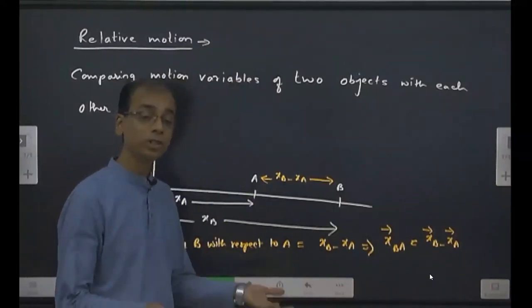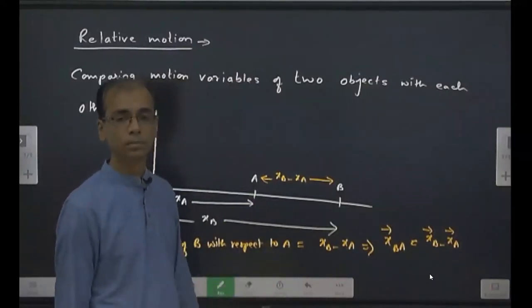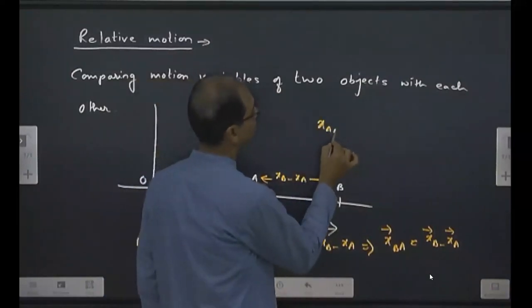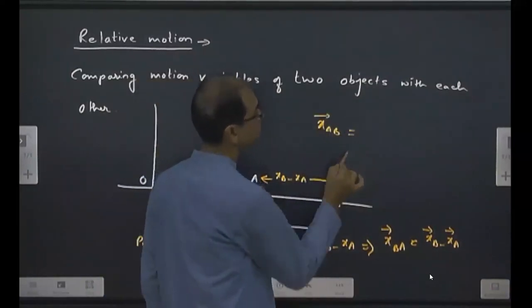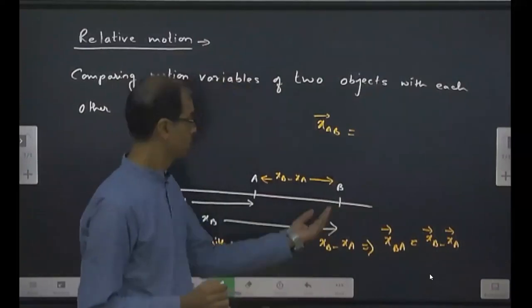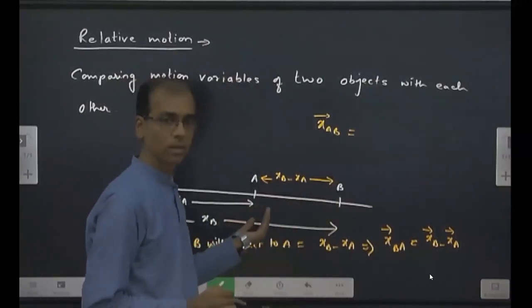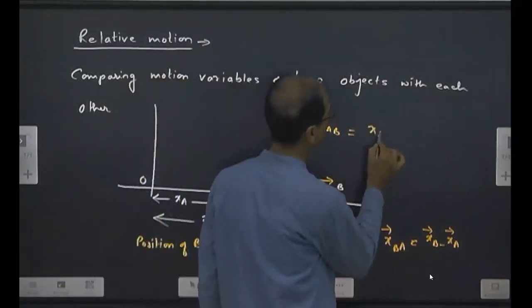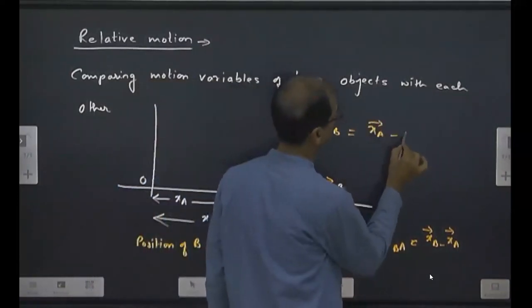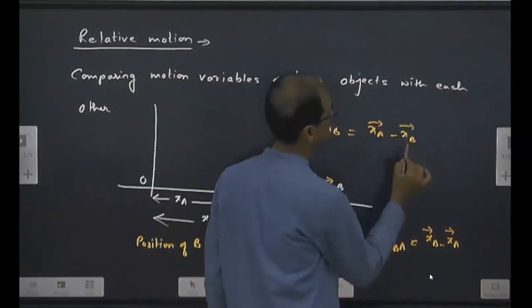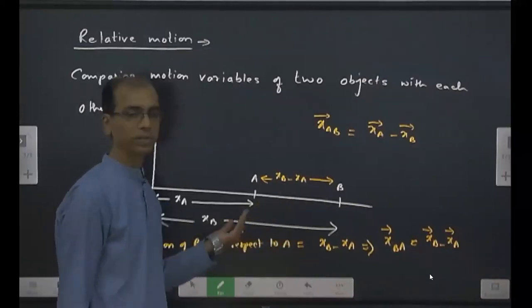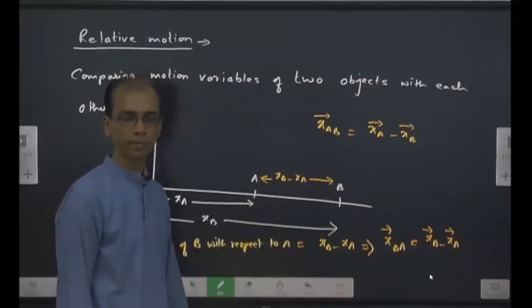If I ask you position of A with respect to B, then this is XA minus XB. It's negative, it's less, so it will come negative.